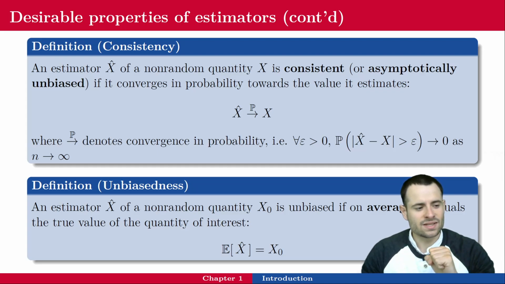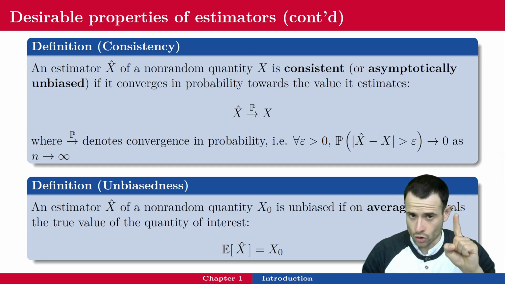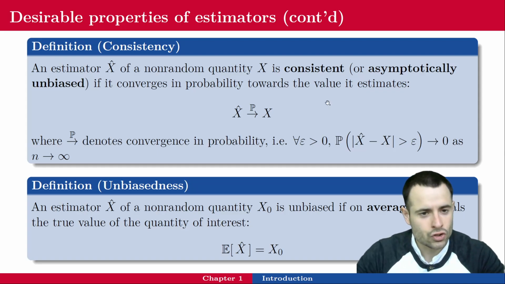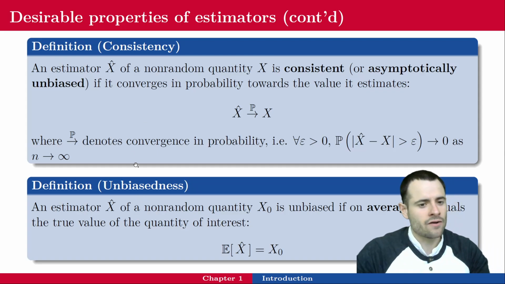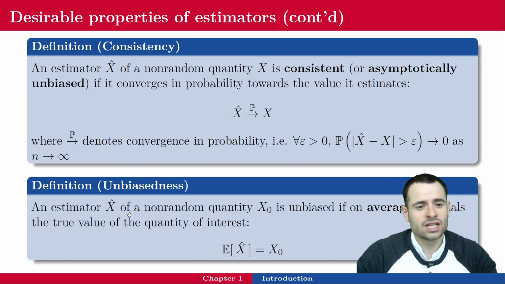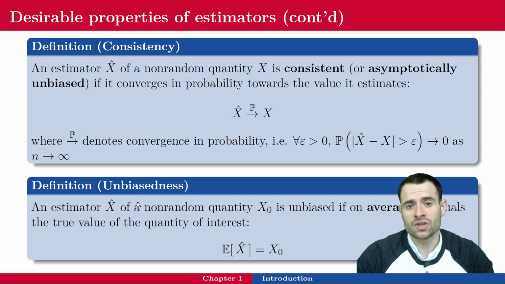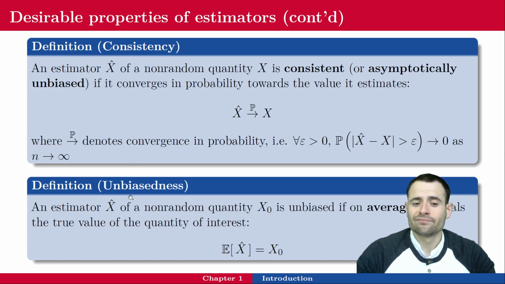Is a consistent estimator always unbiased? No. Those two conditions are very separate. In fact, it is possible to have a consistent estimator which is biased. Most of the ones we're going to see in this class are consistent, but they are biased. And vice versa. We can find estimators which are unbiased, but not consistent.